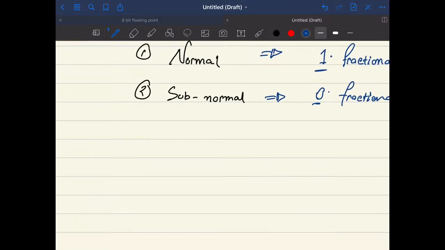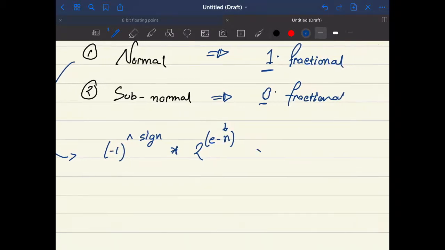So the formula for normal numbers is this one: minus 1 to the power sign, into 2 to the power e, which is the exponent value that we get from the 8 bits, minus 3 or minus n in this case, into 1 dot some fractional value.